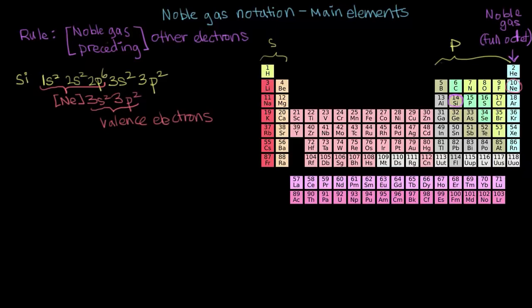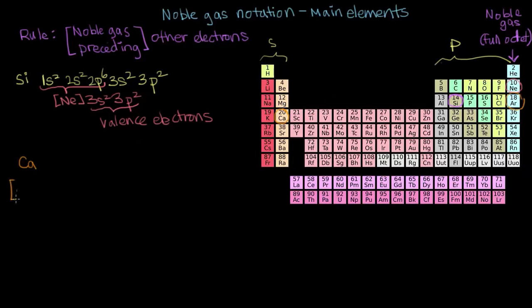We are going to go through one more example, and that will be calcium. Calcium is over here. We're not going to write the full electron configuration this time. We're just going to write the noble gas notation. For calcium, the noble gas immediately preceding it, if we go up a row and then over, is argon.